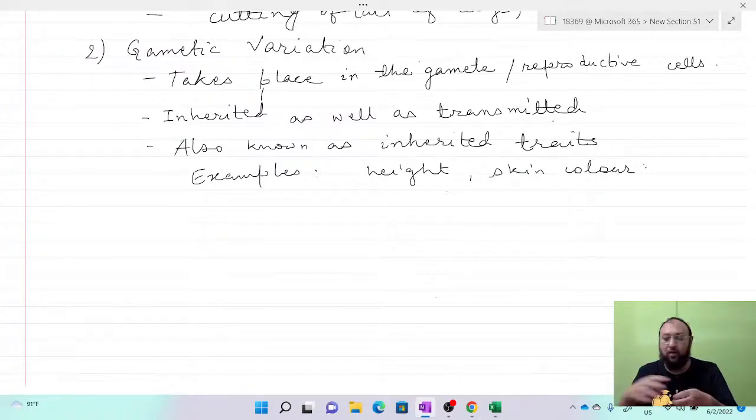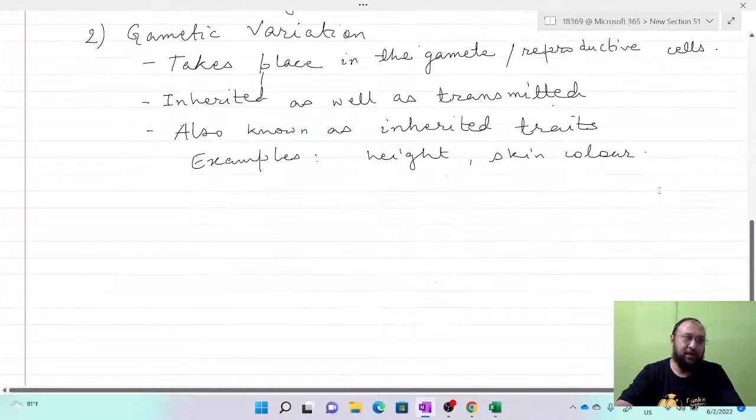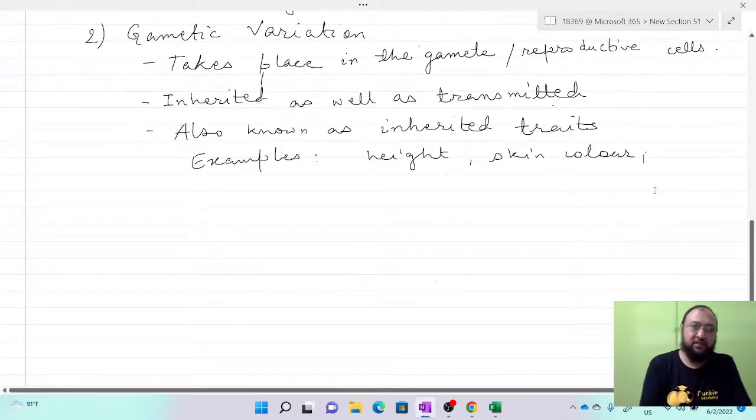So why is variation important? That you have to know because this is important for the exam. Importance of variation. This is a very important question.